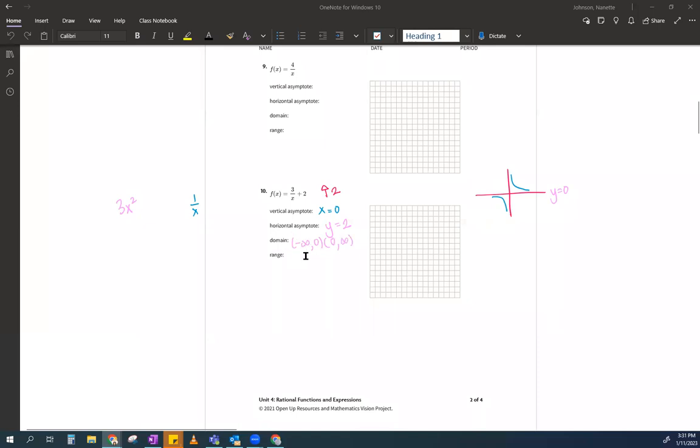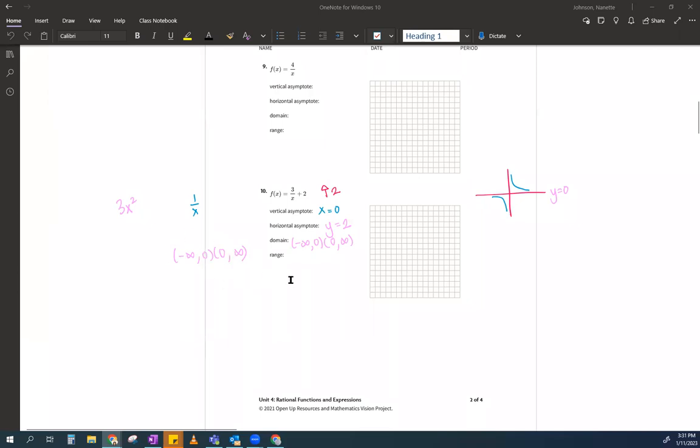But my range is affected because my range is my y. Now before, my range was negative infinity to 0 and 0 to infinity. But now I moved everything up 2. So how does this change?